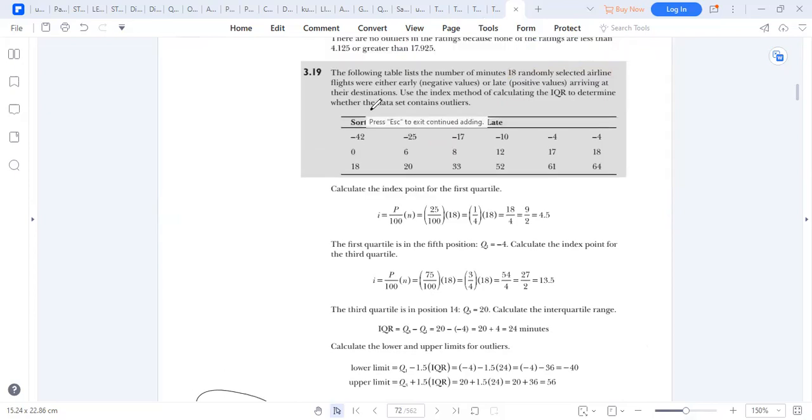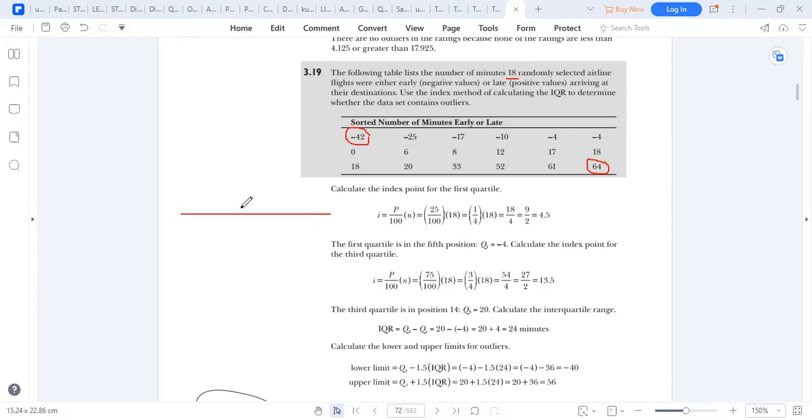These ones were either early, negative values, or late, positive values, arriving at their destinations. So use the index to calculate the interquartile range and determine which ones are the outliers. So same, this one is the smallest number, and this one is the highest number. So to start with, an outlier has to be the odd one out. So how many figures are they? They're 18.